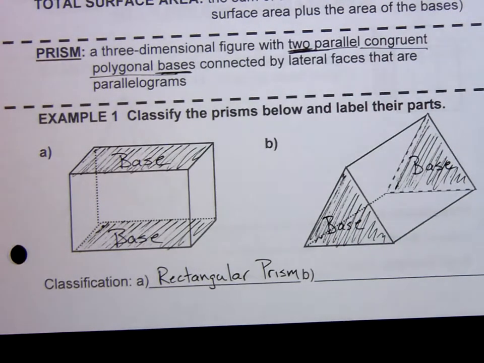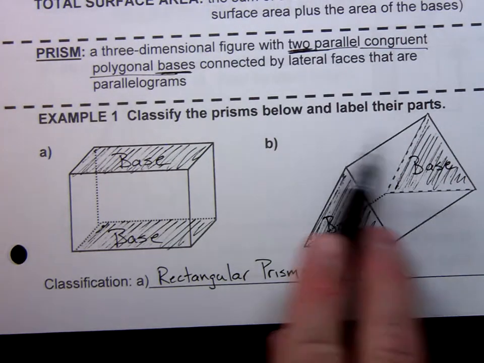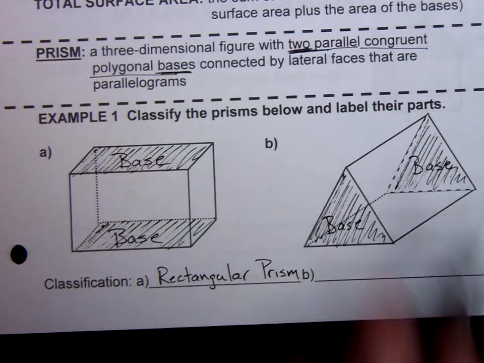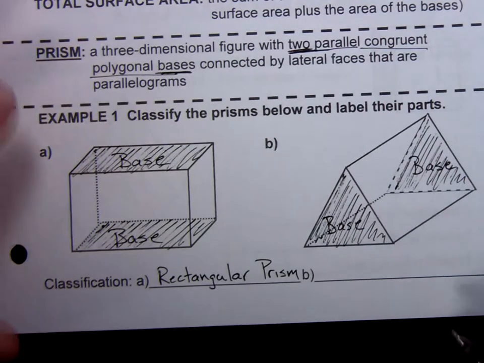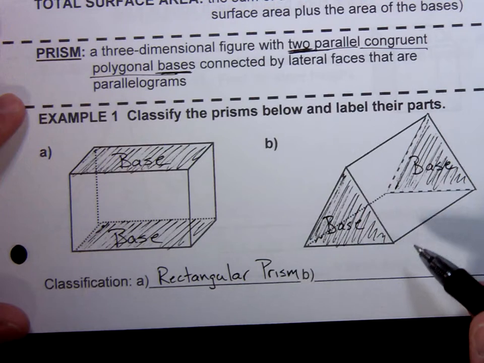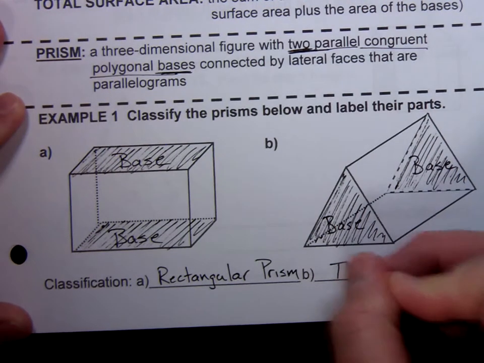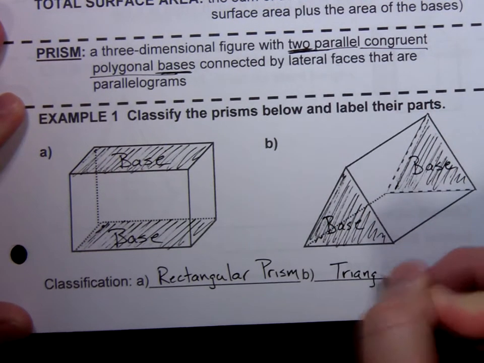The bases don't always have to be on the top and bottom. They can be on the sides. Notice that these two triangles look like they would be congruent, and they look like they're running parallel to each other. Those are the two bases, and then you got the rectangles going around the sides of the figure. Those are the lateral faces. So in this case, this prism, the shape of the base is a triangle, so this is a triangular prism.